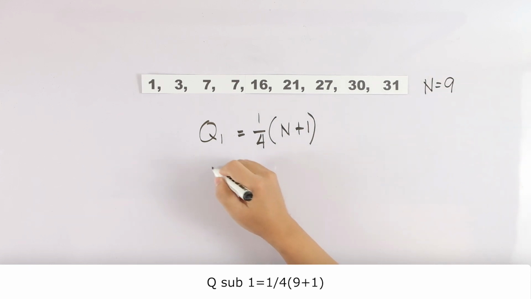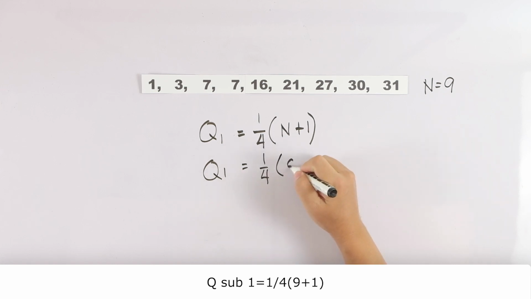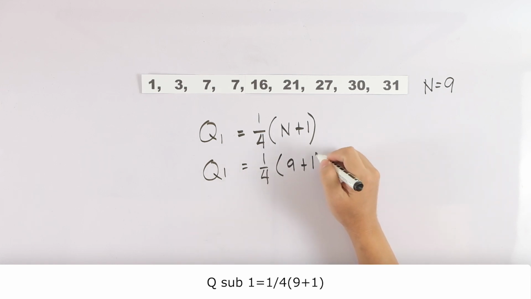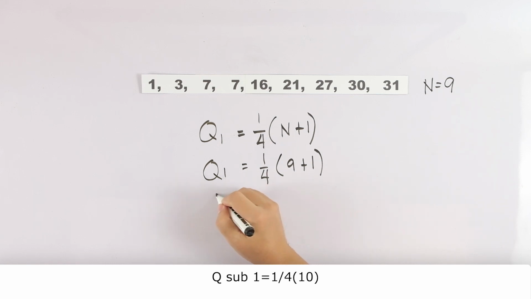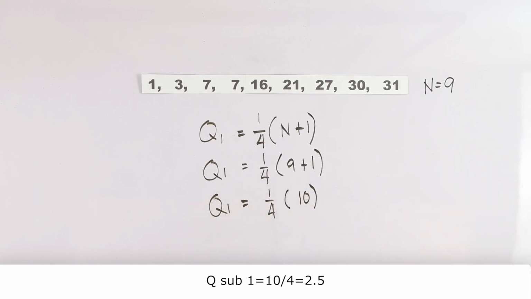So Q sub 1 is equal to 1/4 times 9 plus 1, which is 1/4 times 10. That would be Q sub 1 is equal to 10 over 4, which is equal to 2.5.